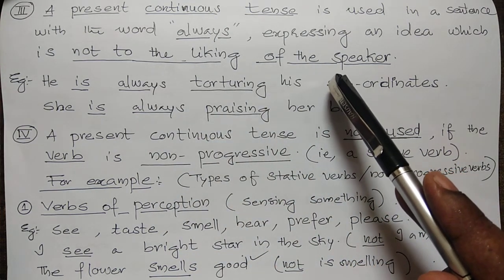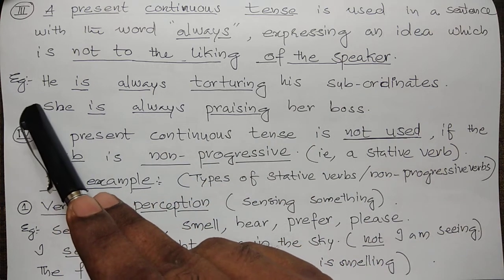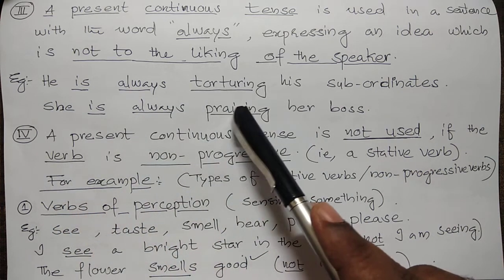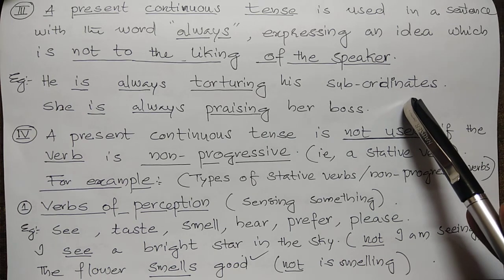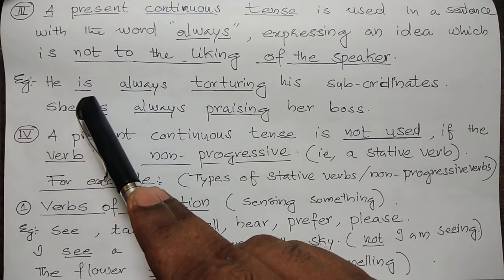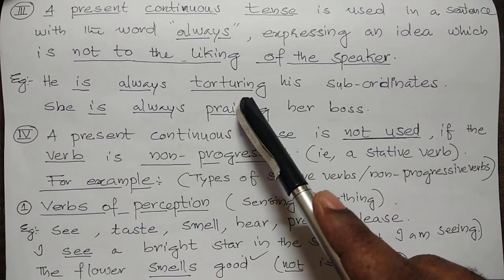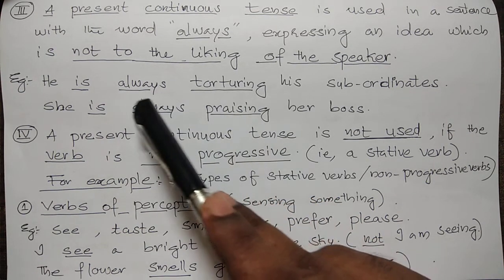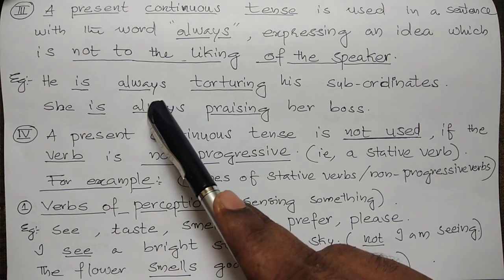It will be clear when you see this example. He is always torturing his subordinate. See, this is a present continuous tense because is plus torturing, the ing form of torture. And there is always in between.